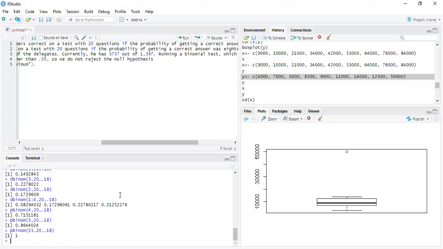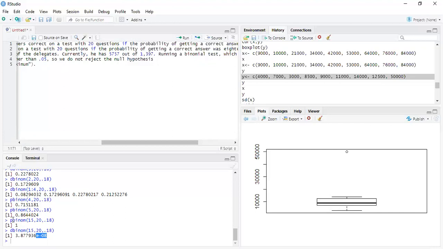Now, individually, they're different. If I say 15, what is the chance I'll get 15 correct? You come down here, you go 15 out of 20. As you can see, that's a very low number. You're probably not going to get it. But regardless, there's a high chance of you getting at least one of those numbers, 1 through 15.